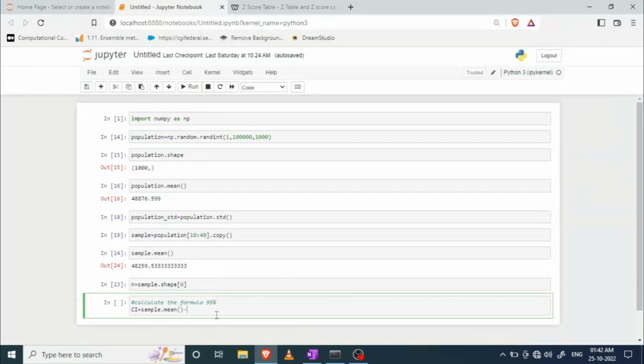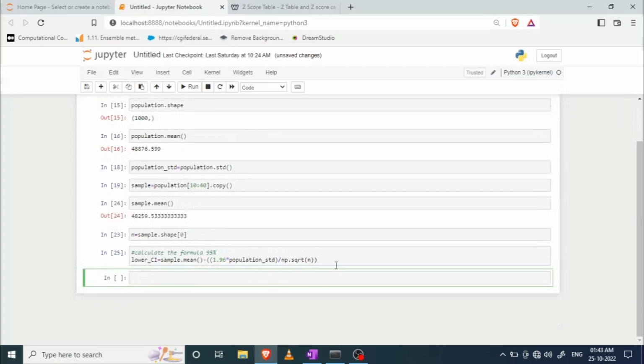So the formula is going to be like this: 1.96 into the population standard deviation, divided by the square root of n, right? So this is the lower limit, lower CI, because we use minus here, and we are going to calculate the same thing for the upper CI.